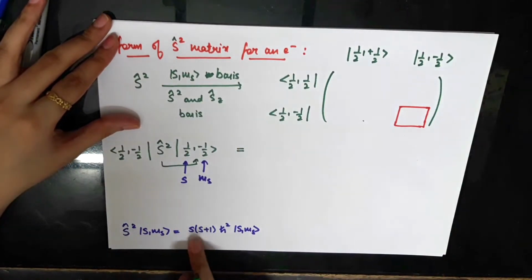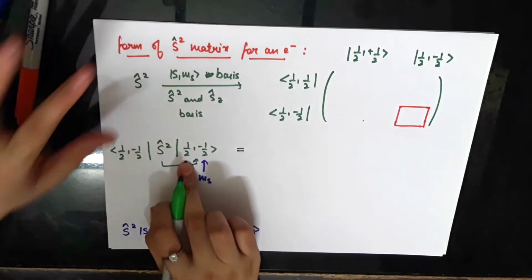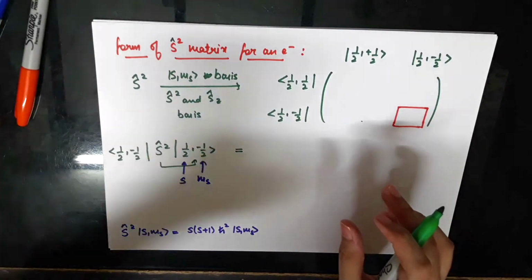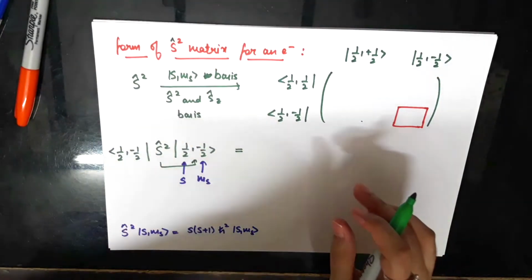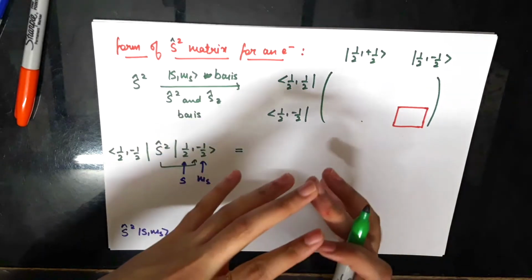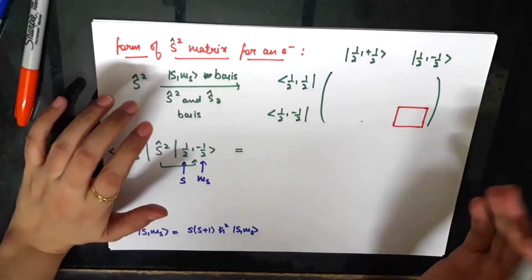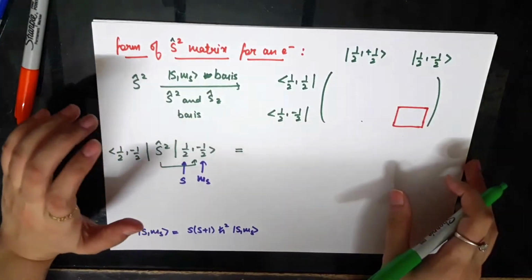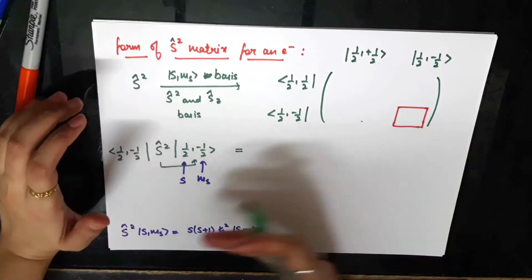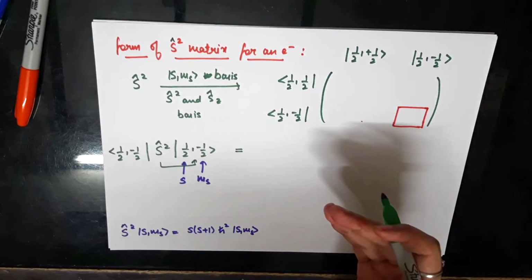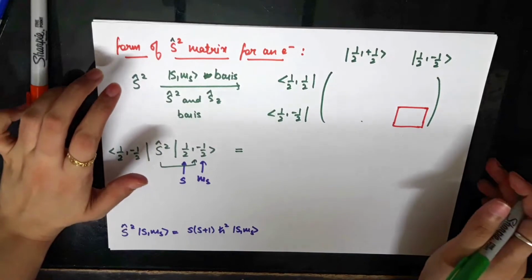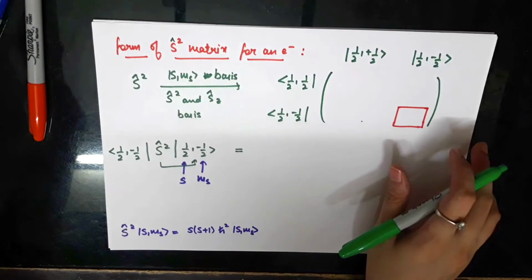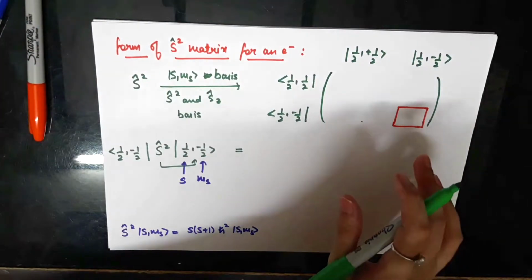So S squared acting on this state gives S, which in our case is half. S for an electron is always half. We take this information that S equals half from the experiment, but if we go to a more complete description of particles with spin, for example the Dirac equation, which is a relativistic treatment of particles with spin such as the electron, then this information that S equals half does not have to be borrowed from experiments in an ad hoc manner.